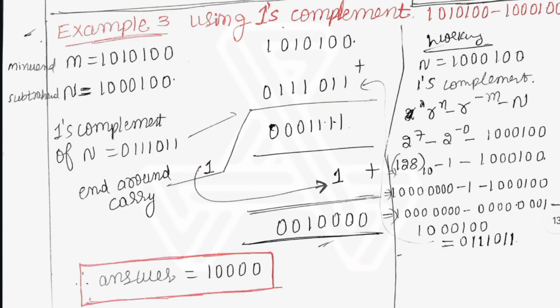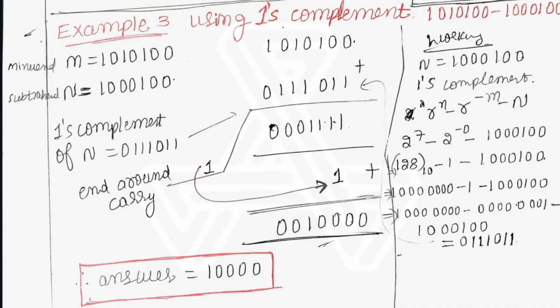Using 1's complement, find this minus this. They have already been given. To find the 1's complement of n, 2 power 7 minus 1 is 127.